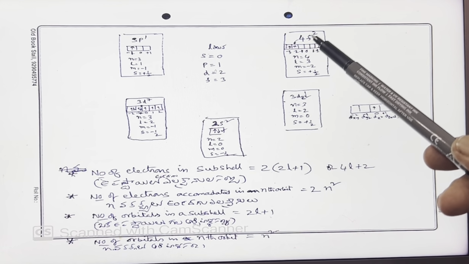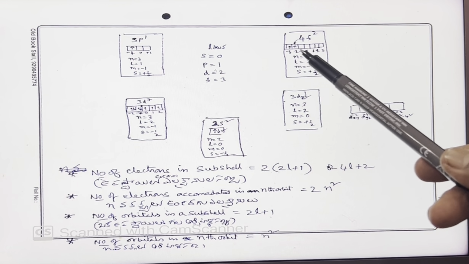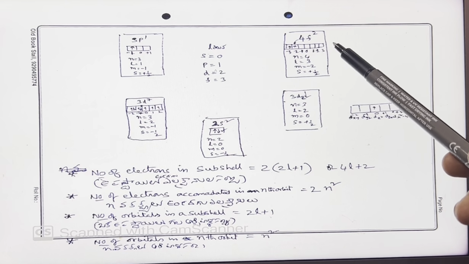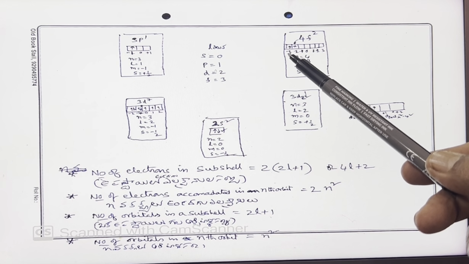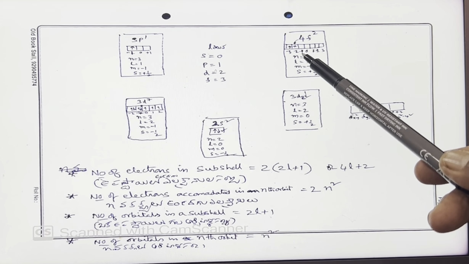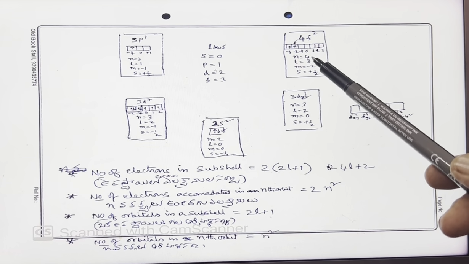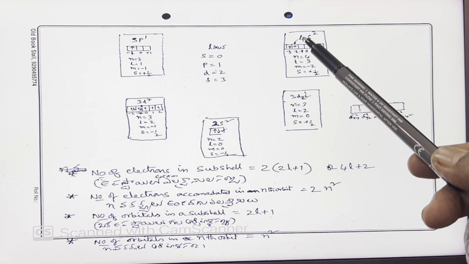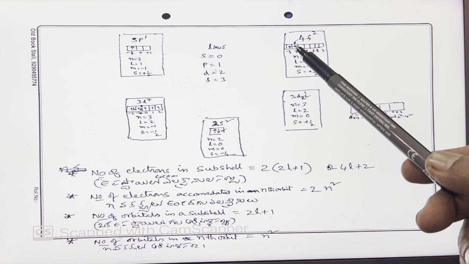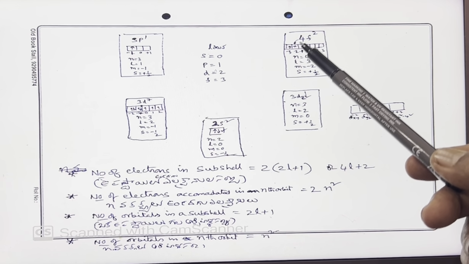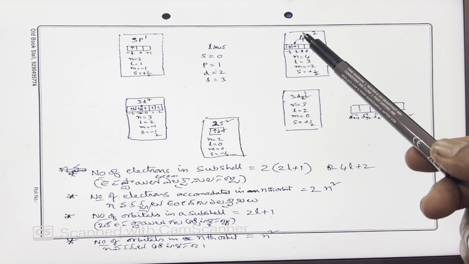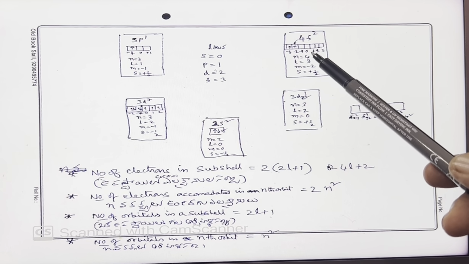For example, take 4f2. The f orbitals are 7, and the m values are minus 3, minus 2, minus 1, 0, 1, 2, 3. We are finding the n, l, m, s values for this electron. As it belongs to the fourth orbit, n value is 4.